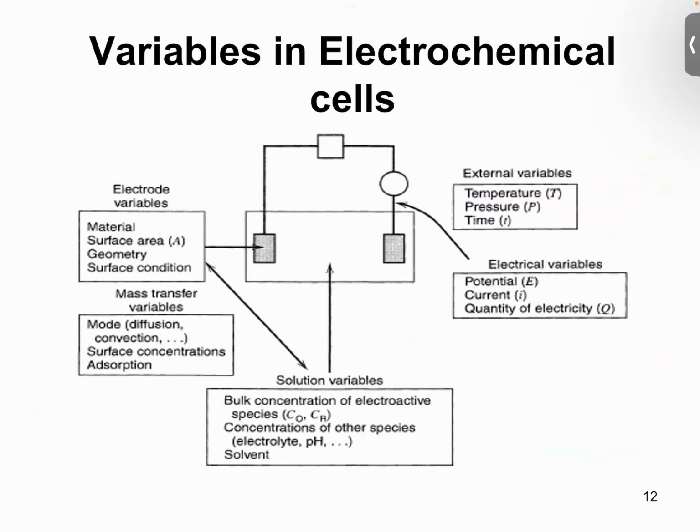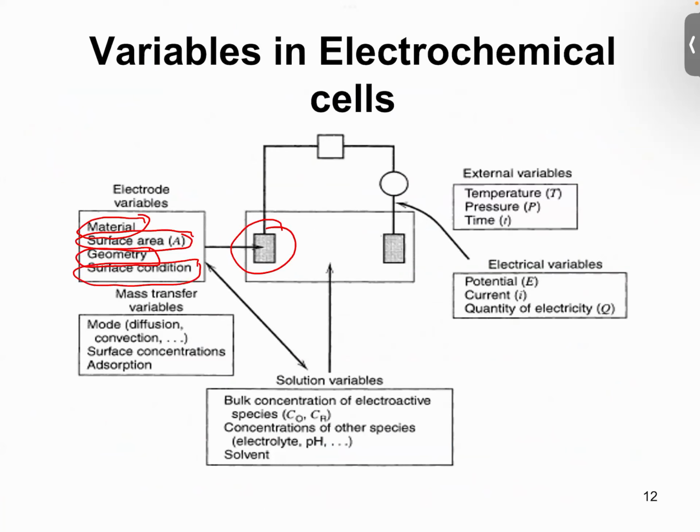So in short, these are the factors, okay, that we need to control. Whenever we develop, we have to think about the surface area of the working electrodes, especially what material we want to use, geometry, meaning the shape, and the surface condition.